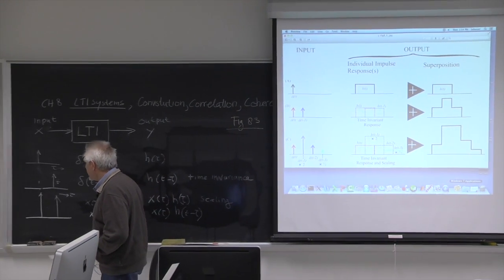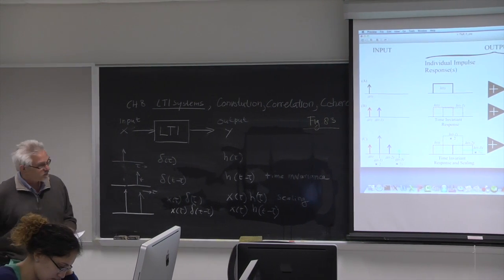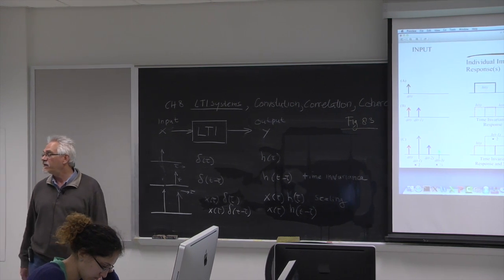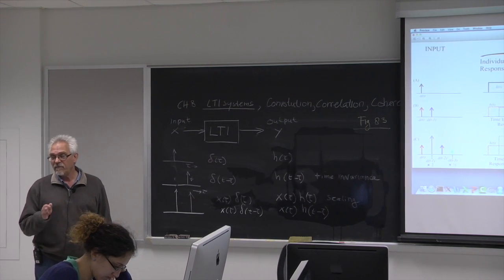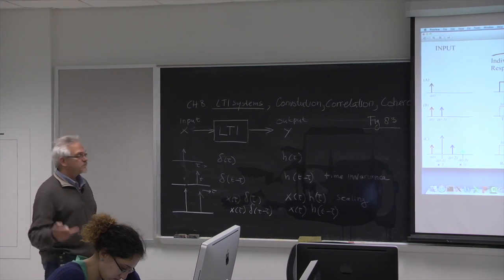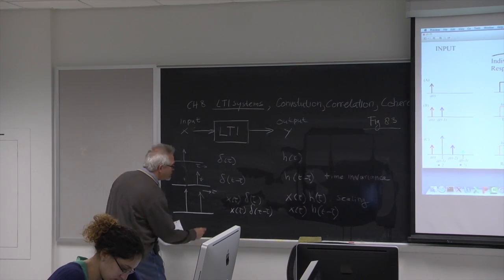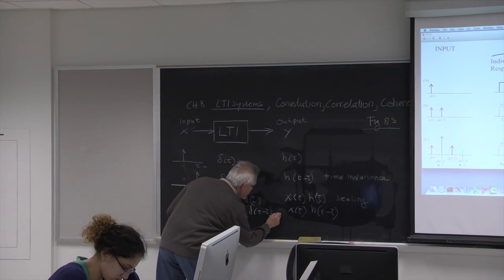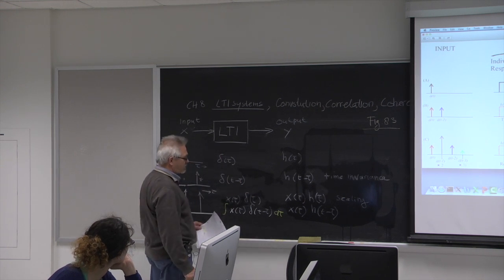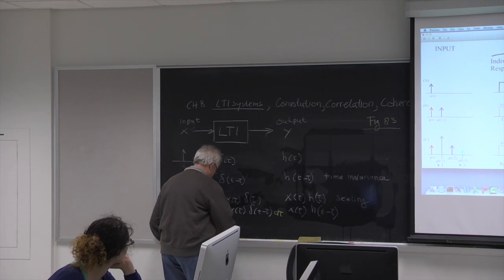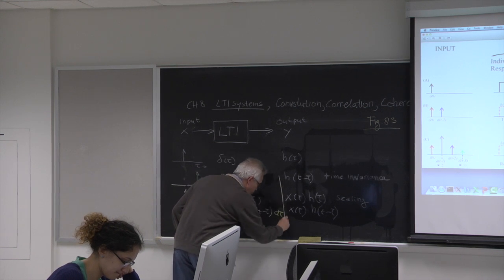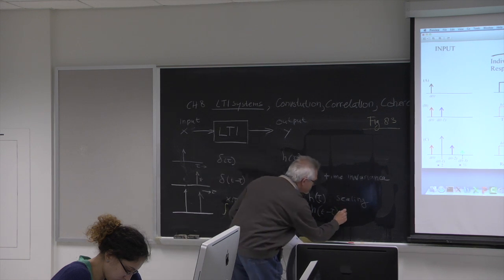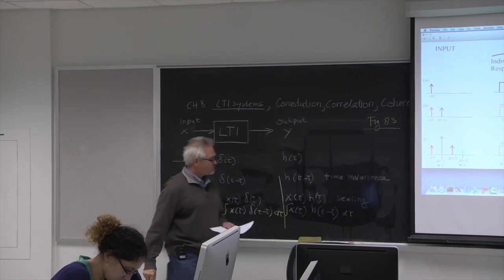Now, if I apply that superposition to a continuous system, then instead of an addition, I will get an integral. I can say, well, I'm going to make my steps really, really fine. So instead of superposition using addition, I'm using an integral. So if I use the superposition here, I can get that for the input, and I get that for the output.